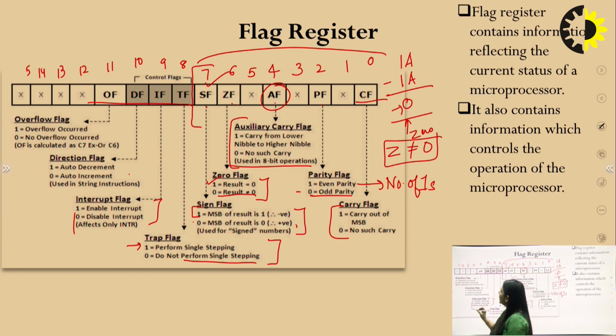Overflow flag: if there is an overflow, the numbers will be overflowing. It is used for signed numbers. Suppose we are adding two positive numbers. If an overflow of the number is there, at that time it will count as overflow. And if we are using two negative numbers, at that time also the signed number will overflow.